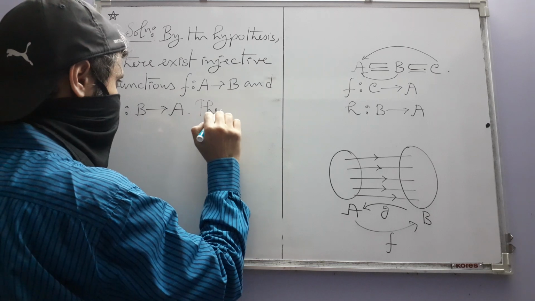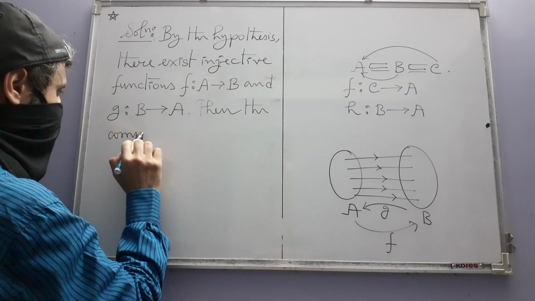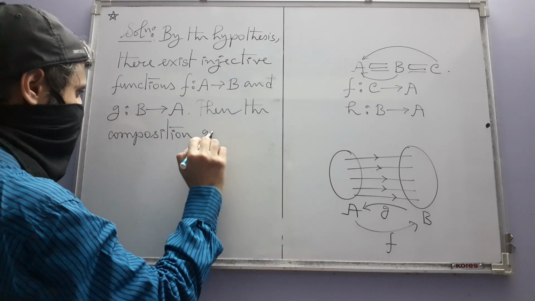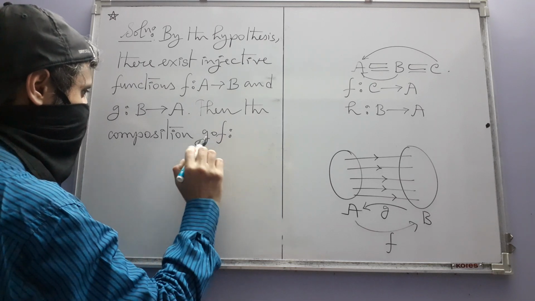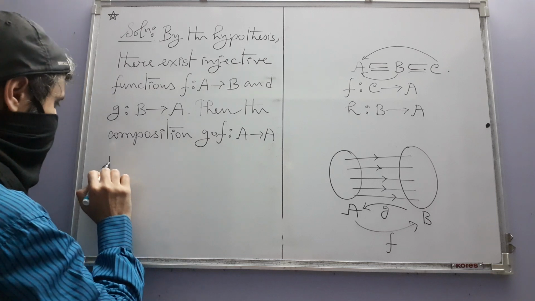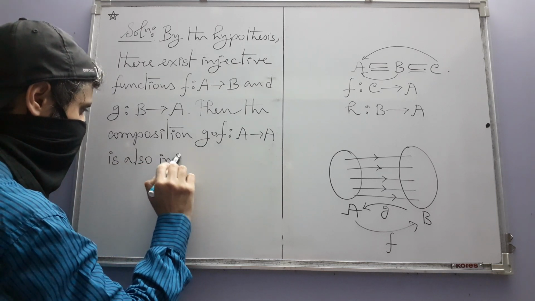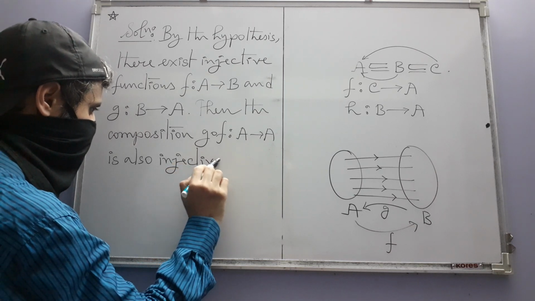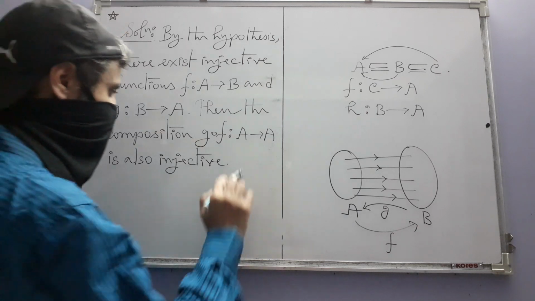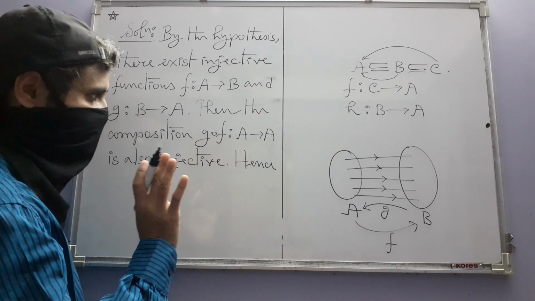Then the composition g∘f, which is a function from A into A, is also injective. We know that the composition of two injective functions is injective. Hence, now this is injective, that we know.